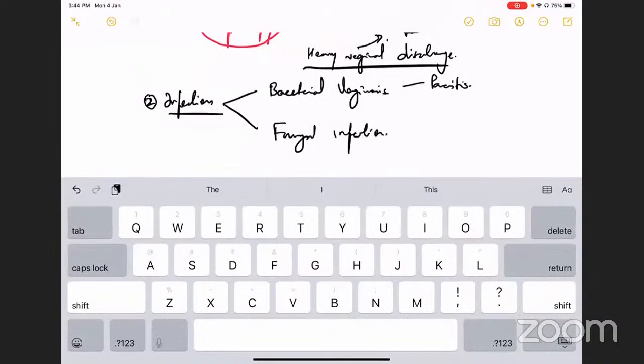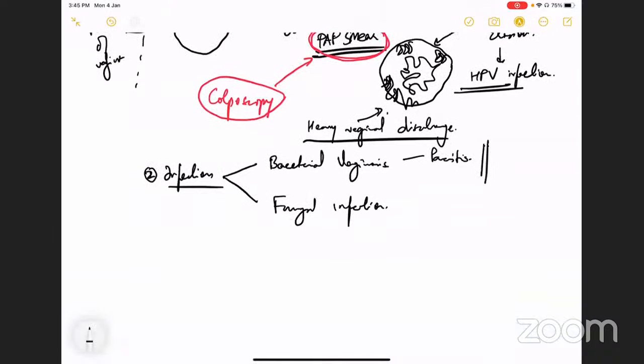But if you remember one golden line, for bacterial vaginosis the treatment of choice is going to be starting with metronidazole. So it is either going to be metronidazole or secnidazole or tinidazole or whatever. They are very effective in treating bacterial vaginosis.